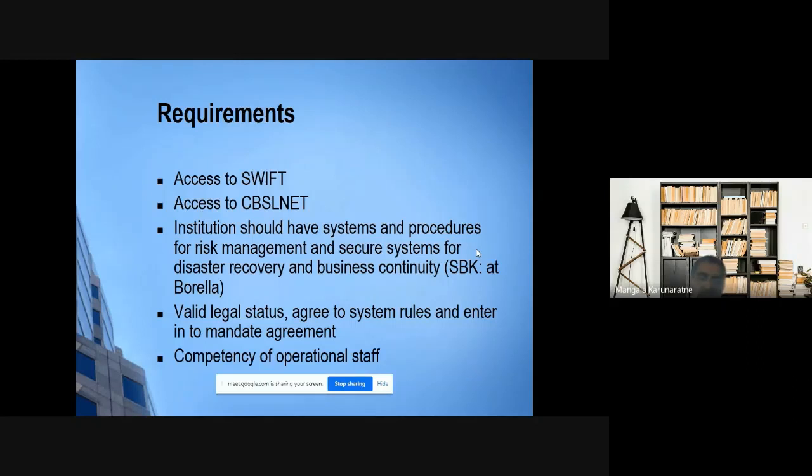So those are actually the agreements and other things that you have to sign with the central bank. And now, competency of operational staff. When I say competency, I think you have gone through the code of conduct for money brokers last week.